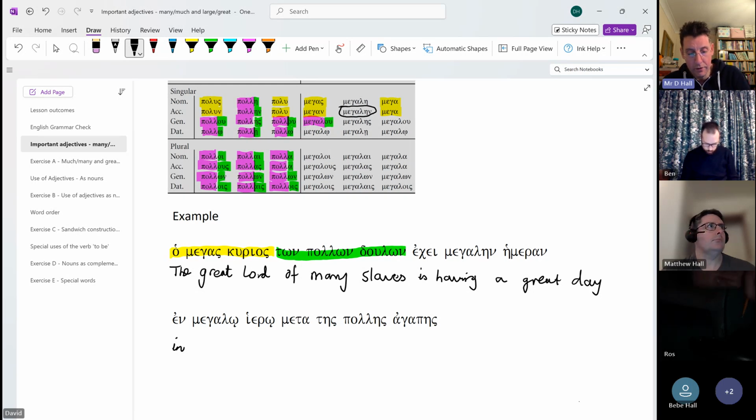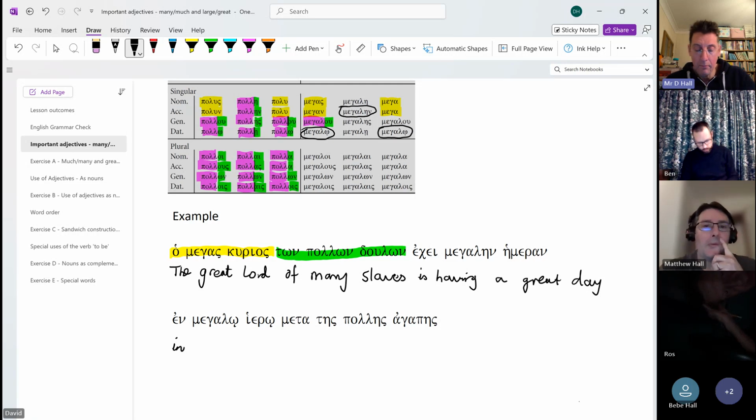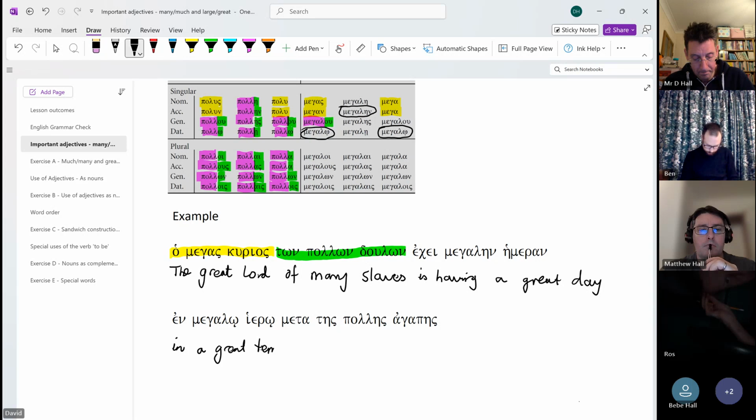So we've got two options. It's going to be preceding either a masculine noun, or a neuter noun. Okay, it's spelled the same. Happens to be a neuter noun, which is hieron, the noun for temple. So this great lord's in a great temple. Okay, so in a great temple.